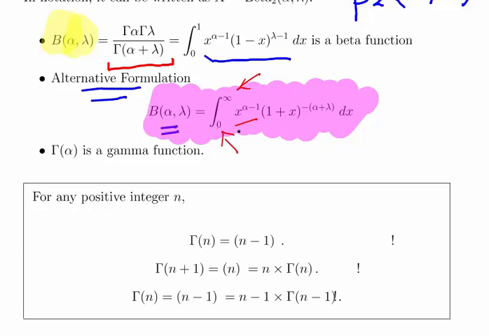We still have x to the power of alpha minus 1, but now we have 1 plus x, okay? Previously we had 1 minus x. The denominator is to the power of alpha plus lambda, okay? So you can also express this as x to the power of alpha minus 1 over 1 plus x to the power of alpha plus lambda, okay?